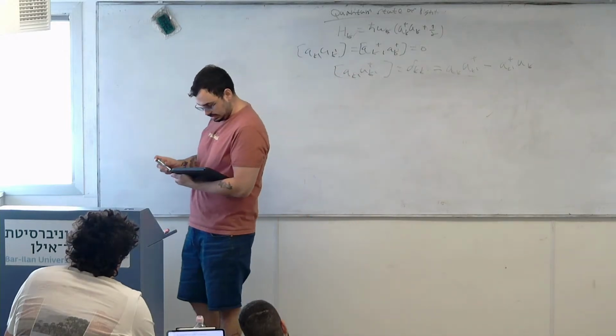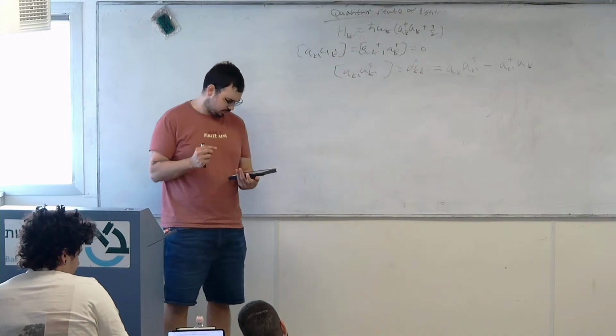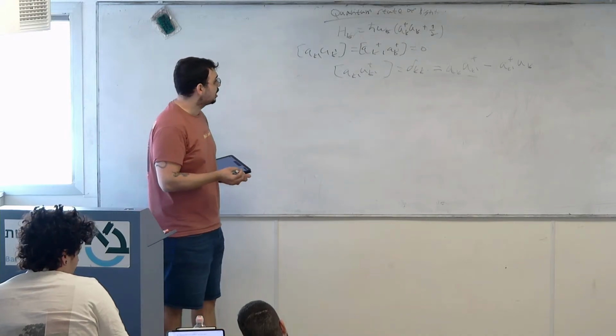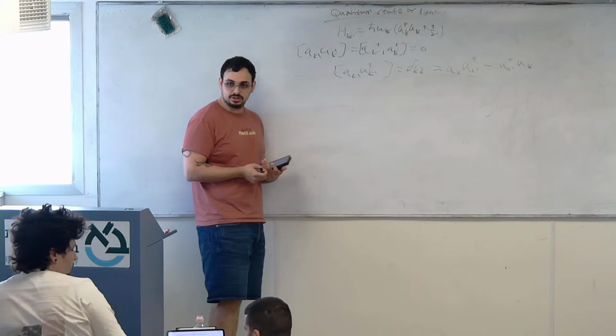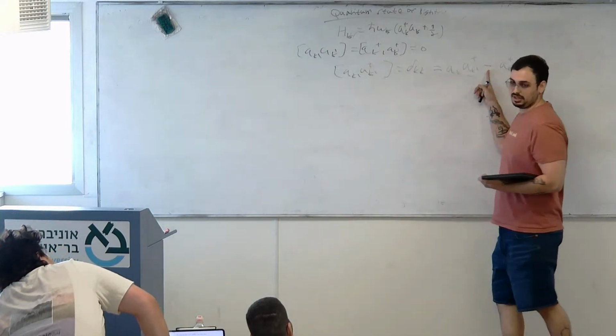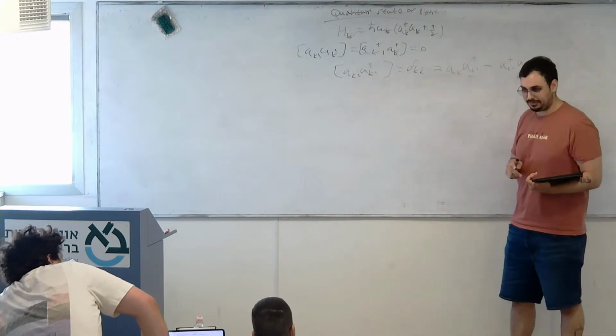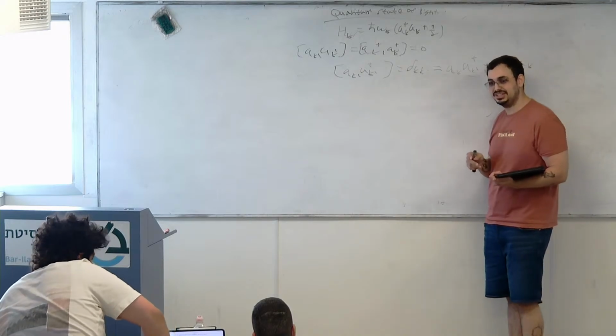Additionally, I will just mention it because it's important, but it's not in the course. There's also the anti-commutation relation, which has a plus here, and we usually write them with curly brackets. I think they're called curly brackets, I don't know.